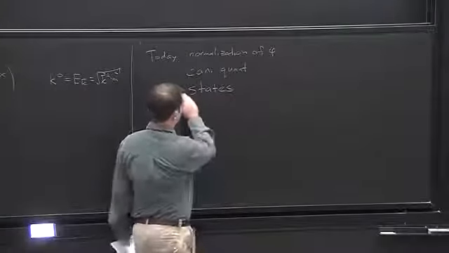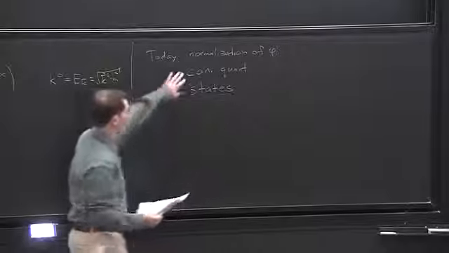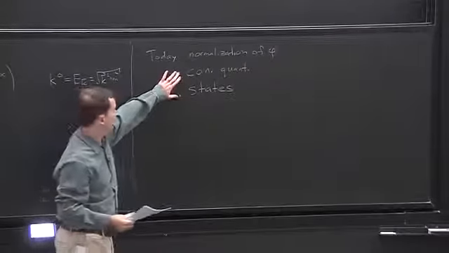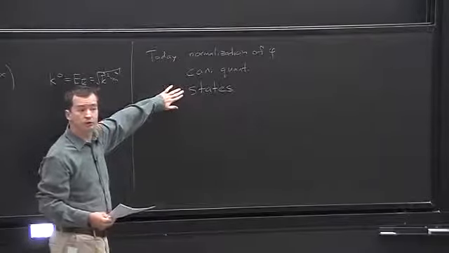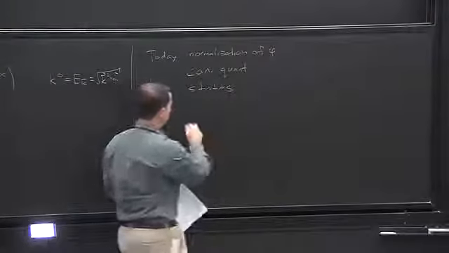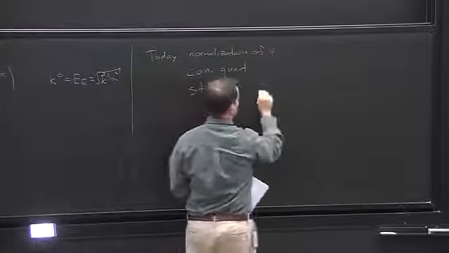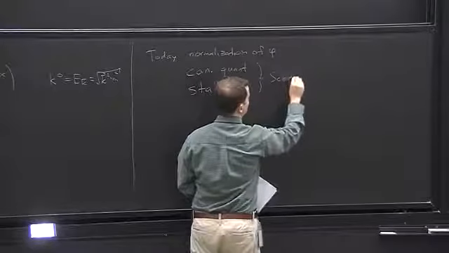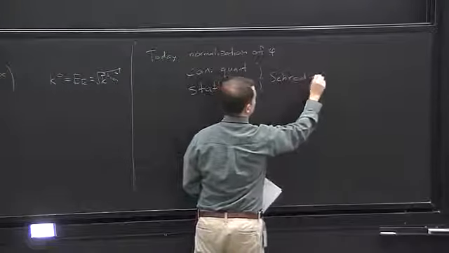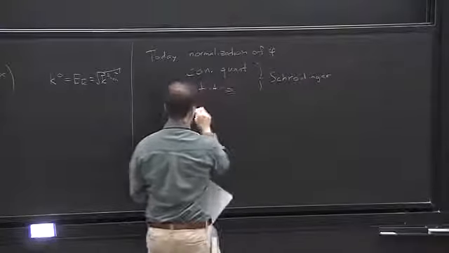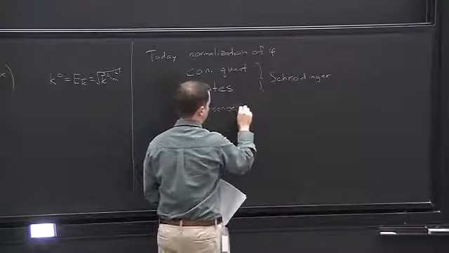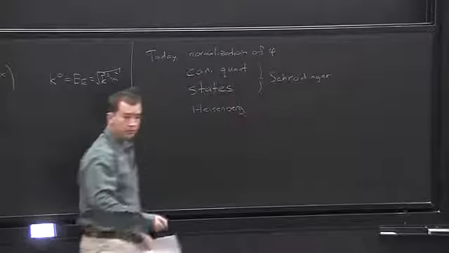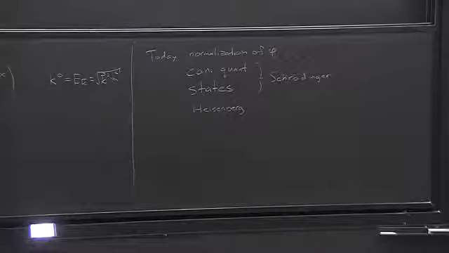And finally, for the first part, which will take the bulk of the lecture, when we quantize the field and discuss the states, we'll be working in the Schrödinger picture. And if time permits, at the end of lecture, we'll discuss the Heisenberg picture. So that's where we're going today.